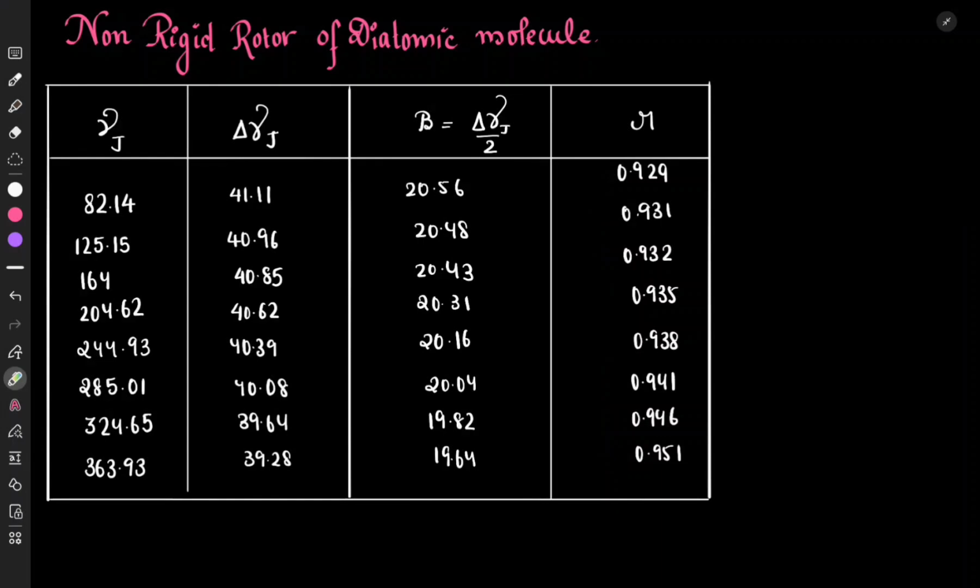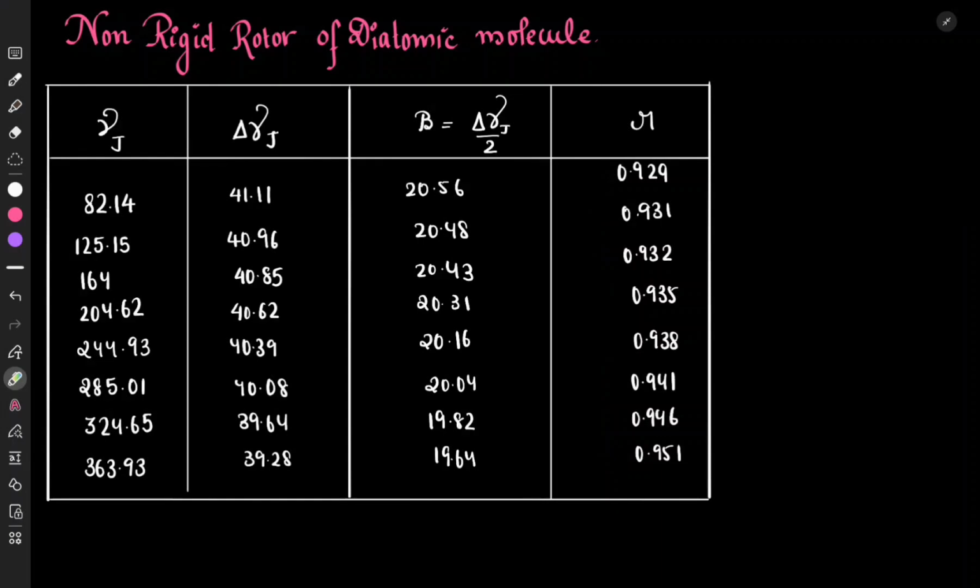We can say that the molecule is not strictly rigid, as we can see that the bond length increases with the rotational quantum number. So a more accurate description of the diatomic molecule is to consider it as a non-rigid rotor. We can consider the atoms are connected like a spring, and as it rotates it experiences centrifugal force.